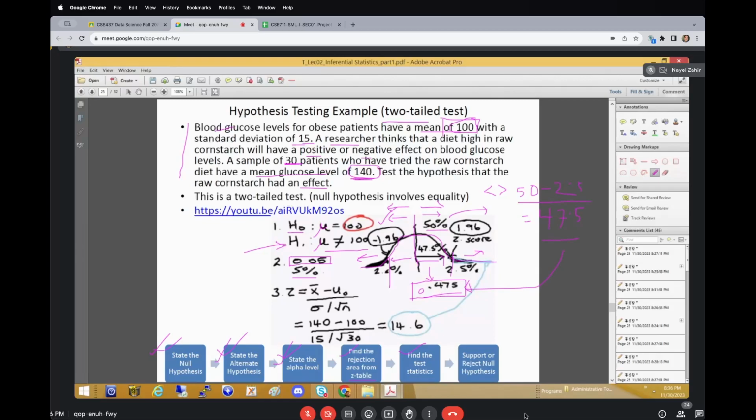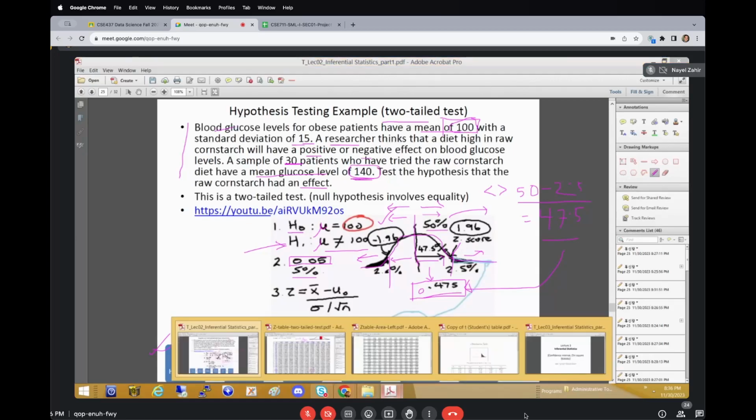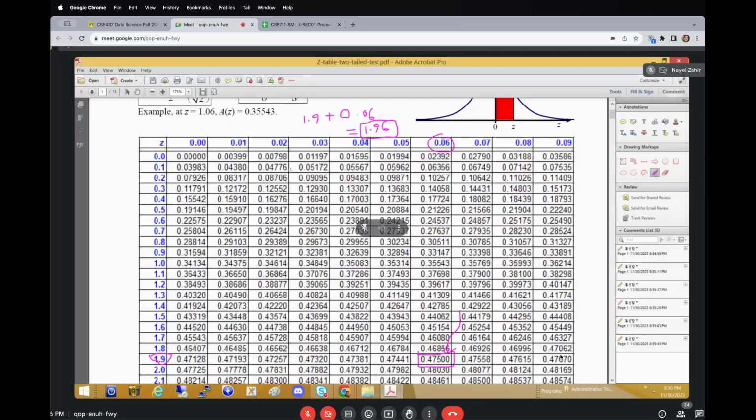Now we have to find what will be our critical point in the table. We look for 0.475 in the Z table, and this is the point where we got it. There the Z is 1.9, and here is 0.06.